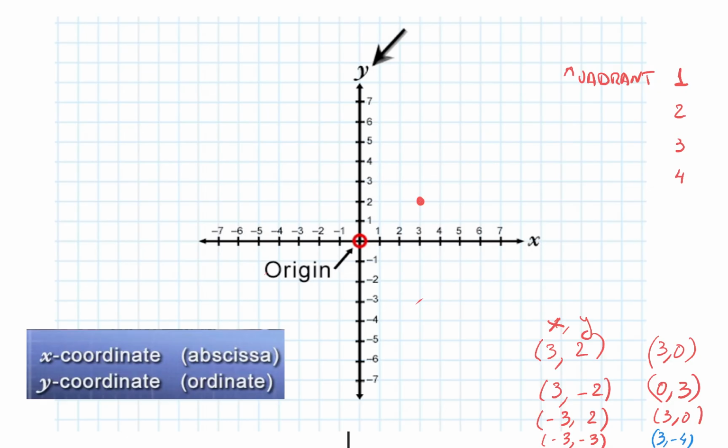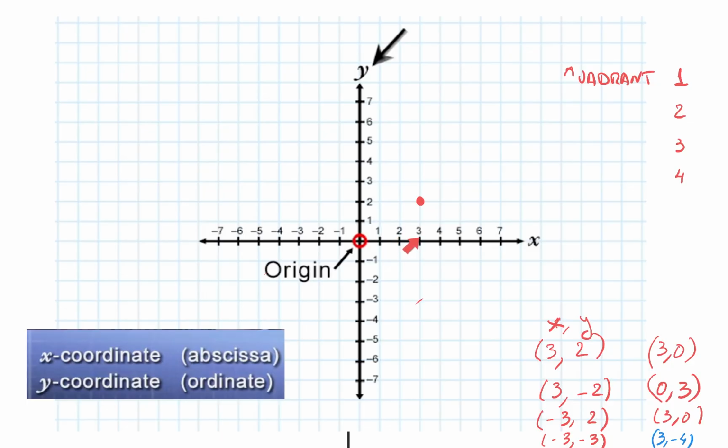So let's represent the point (3, -2). The second point is obtained by walking 3 units in the x direction. Remember, always the x comes first. And minus 2 units, or steps, in the y direction. Let's do it. 3 units in the x direction: 1, 2, and 3.